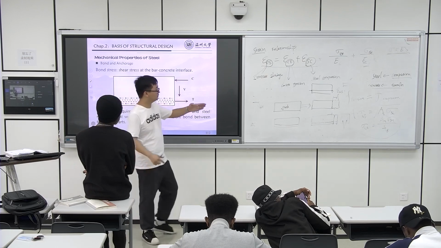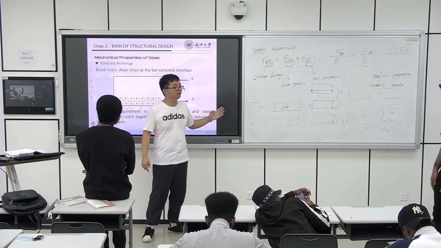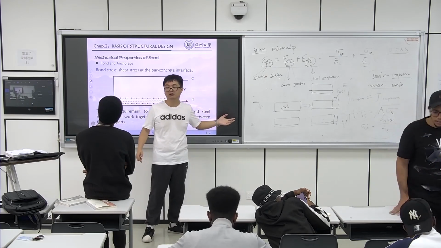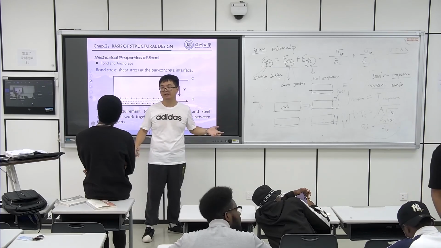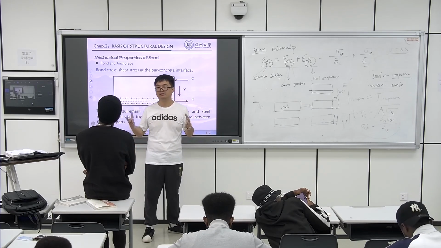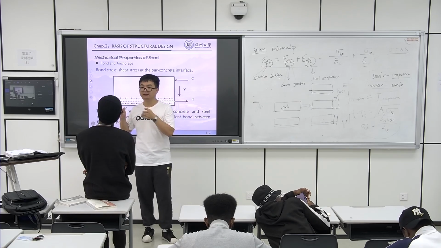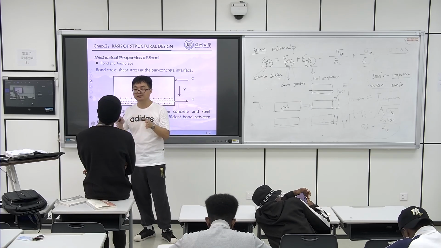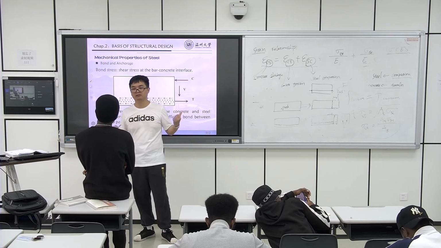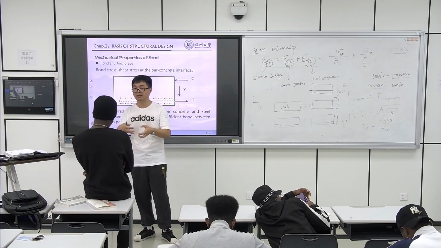I just drew it large here. You may think it cannot be like the steel bar and concrete having this large deformation. But exactly, in reality this deformation is really, really small. So it works together.